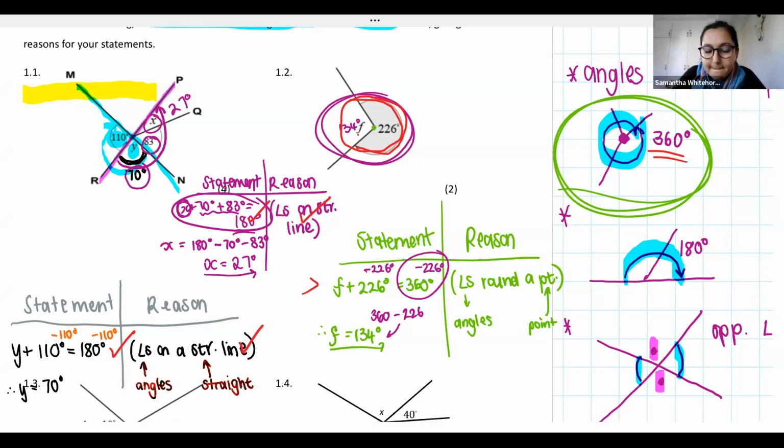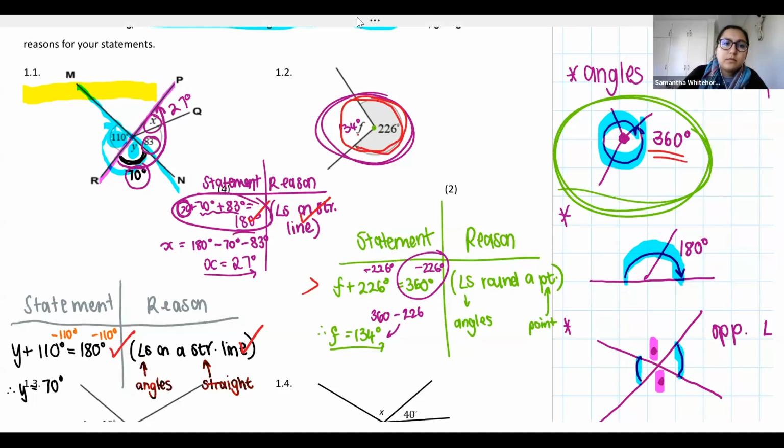Yes, ma'am. I don't understand like how you get the point of the degrees and stuff, ma'am. I've just explained it. So what confused you about my explanation that I just gave? Ma'am, what confused me is the F. Because on the previous one, you didn't put like R plus 110 and all that, ma'am.